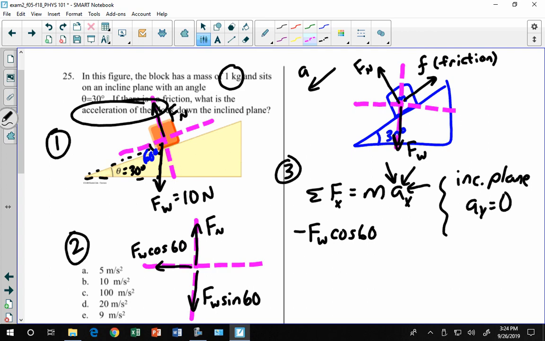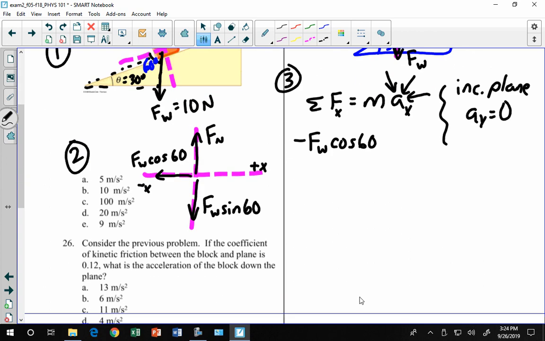Right. Not because it's down. It is sort of going down the inclined plane, but that's not why I did negative. I did negative because it's in the negative x direction, that I have positive x here and negative x here. I tell you that because sometimes you'll see an inclined plane that's not oriented like that, but it's oriented like this.